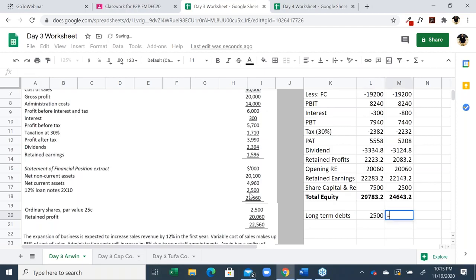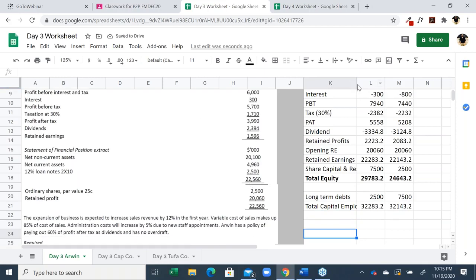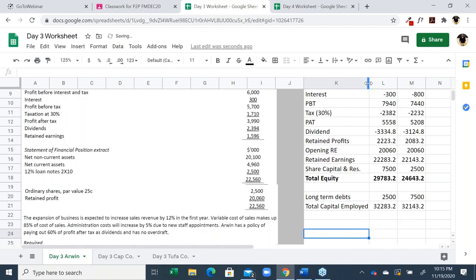But in this case, it will increase by 5,000. It will be 7,005. So total capital employed will be equal to equity plus long-term debts. Now it will be easy for us to calculate all those ratios and see the impact, right?